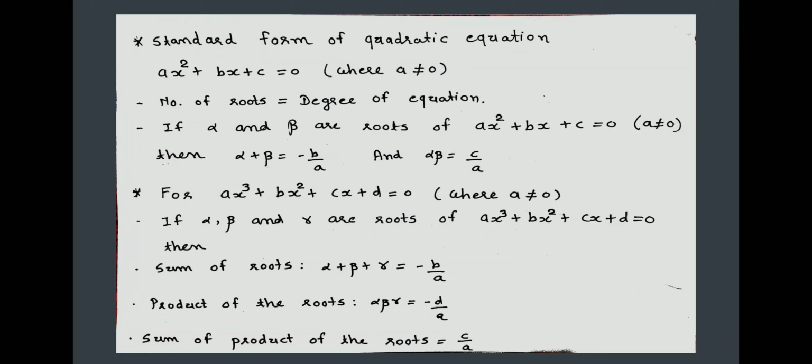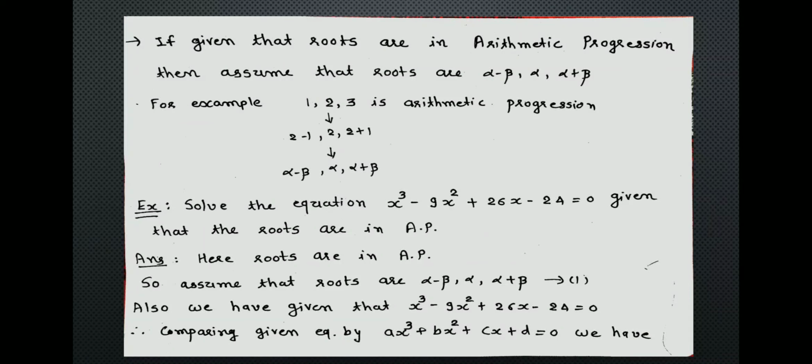In the formula we take three different roots as alpha, beta and gamma, but if there is a relation like arithmetic progression, geometric progression, harmonic progression, ratio, difference, etc., we take only two unknowns, alpha and beta. If it is given that the roots are in arithmetic progression, then assume that the roots are alpha - beta, alpha and alpha + beta.